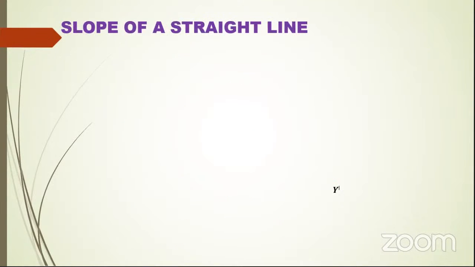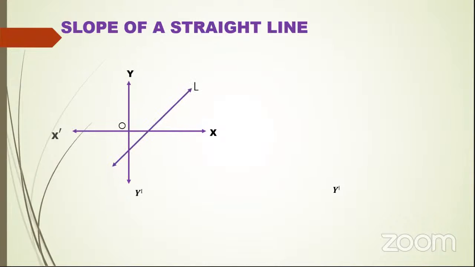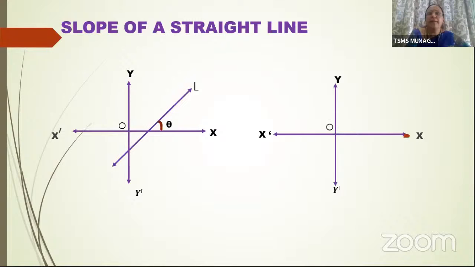We started with the definition of slope of a straight line, which you have learnt in your 10th class, which is the angle made by any line with the positive x-axis in the positive direction. So if you have x and y axes like this, and a line L makes an angle theta with the x-axis, the tan of that value will give you the slope.